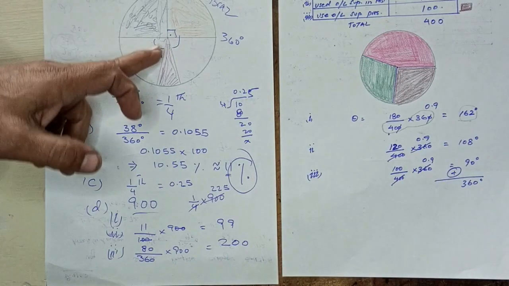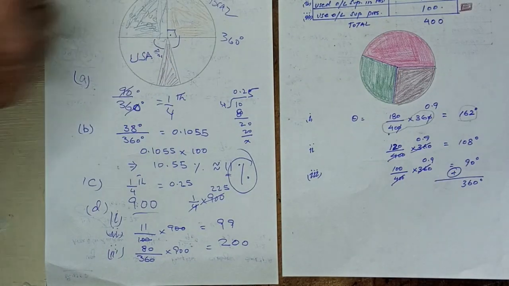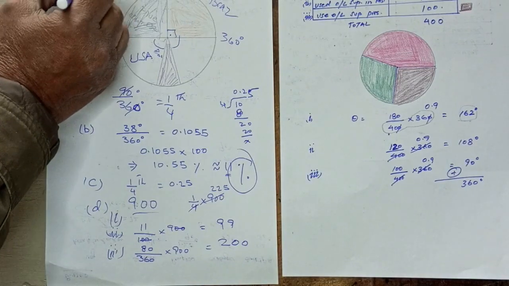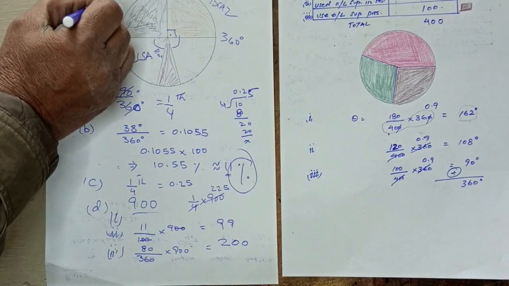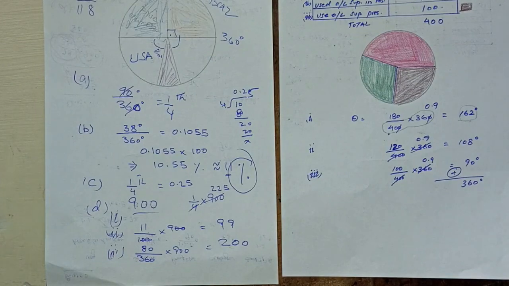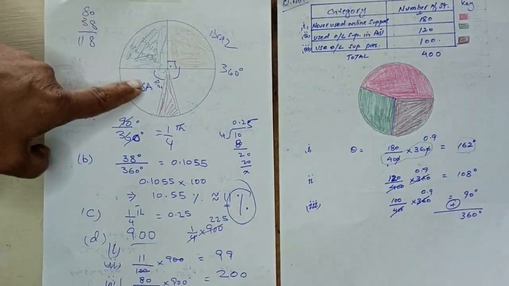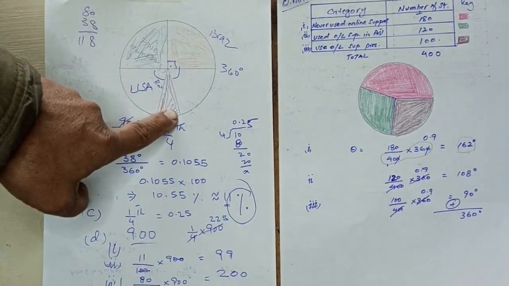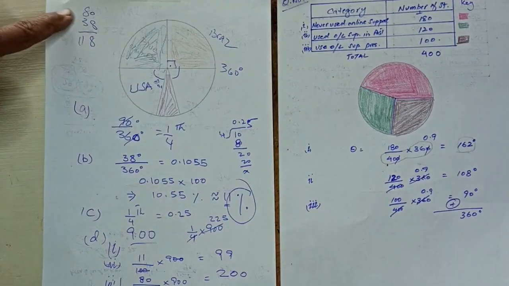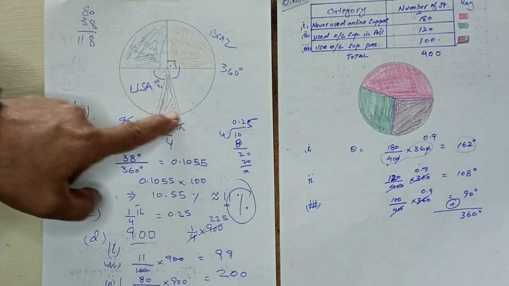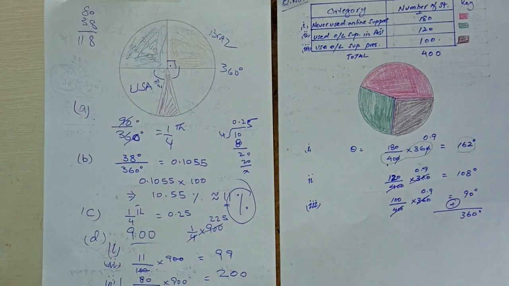When this is 80 degrees and this is 38 degrees, that means we have already acquired 118 degrees.